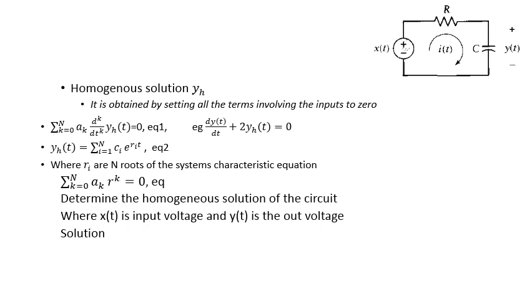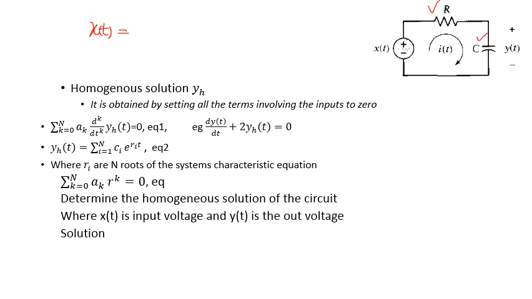We know x of t is the input voltage, and y of t, which is taken across the capacitor, is the output, that is also voltage. So x of t is voltage, y of t is voltage, and the current flowing in this circuit is i of t. So we can say that x of t, the input voltage, is equal to the voltage drop across the resistor plus the voltage drop across the capacitor.